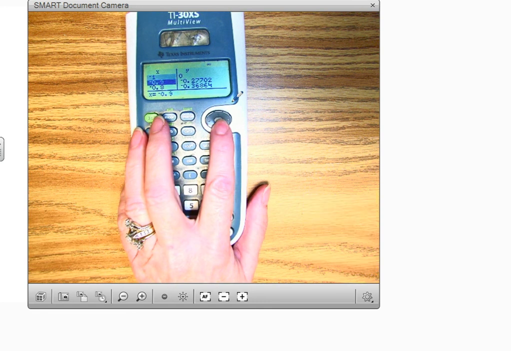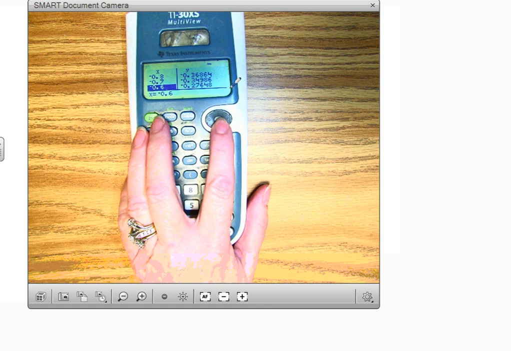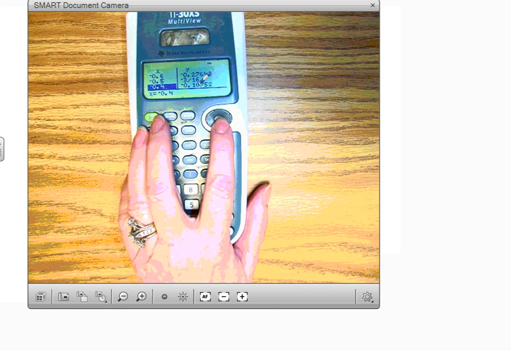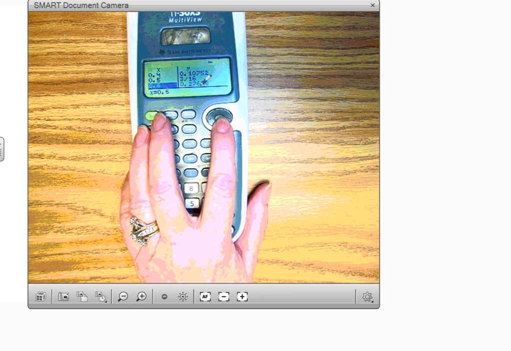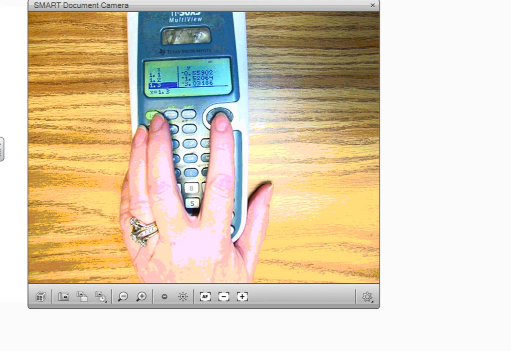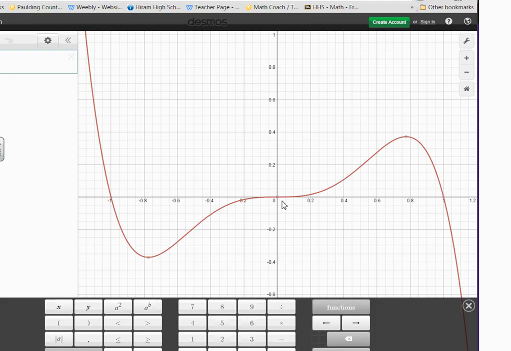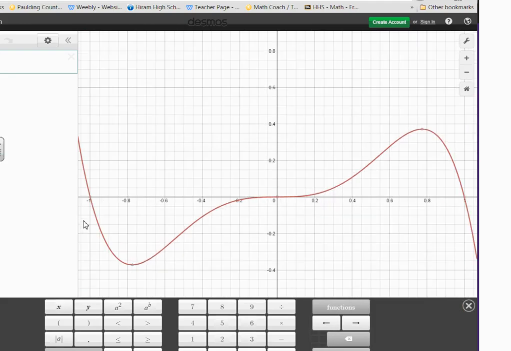Okay, and as I go down and through, I can see, oh, okay, I'm starting to come back up. Okay, then I go back down and through, and I hit my maximum in here, and I come back down, and I continue to start going back down through the graph. Remember on Desmos, that looked like this, and we can go back in, and we can see that I went down, came back up, went up, came back down.